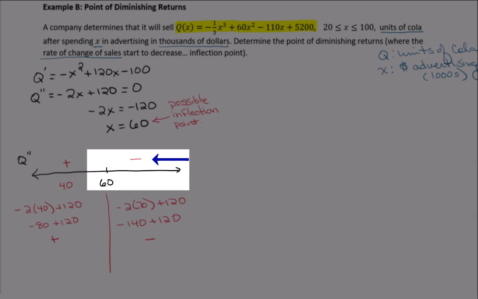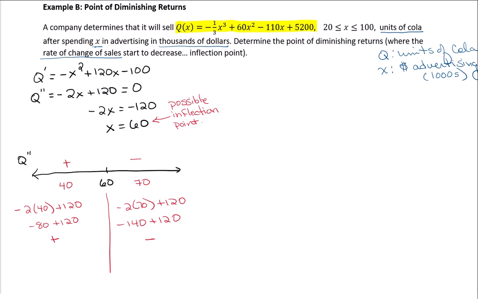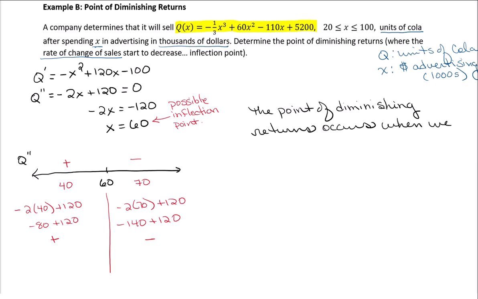So this tells us that it starts to become concave down, or that the rate of change starts to decrease after 60. So we can say point of diminishing returns occurs when we spend $60,000 in ads. And remember, it is an inflection point.